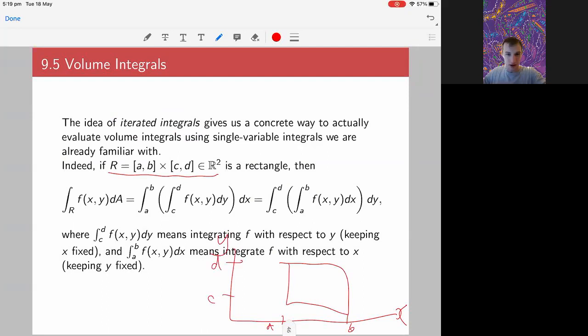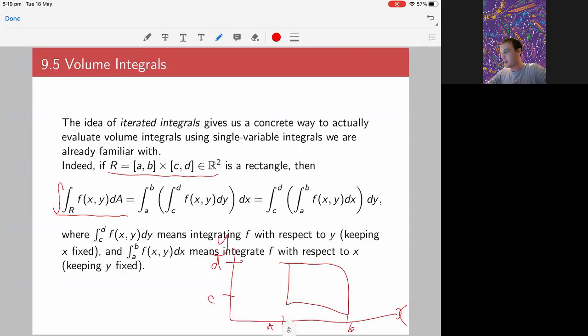If I've got a function and I want to integrate it over the rectangle R, you can see I'm already being inconsistent with my notation, in the sense that I just told you before that we should really have a double integral there. Sorry, technically, we should have a double integral there.